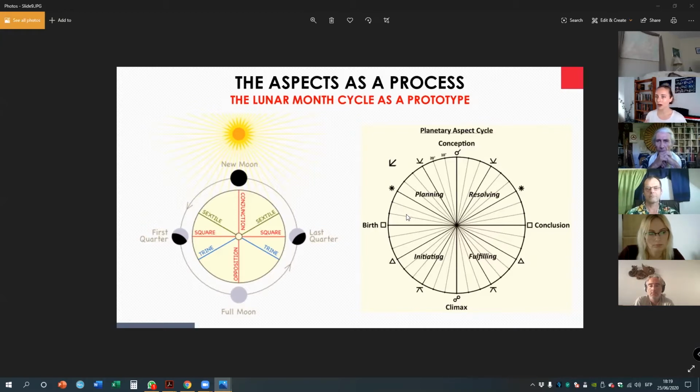And then what we are asking ourselves is which one is faster, which one is slower. If you use this initial model of the sun and the moon, the faster one becomes the moon. The slower one becomes the sun. And then when you have a conjunction, now we're going to have in December a Jupiter-Saturn conjunction.